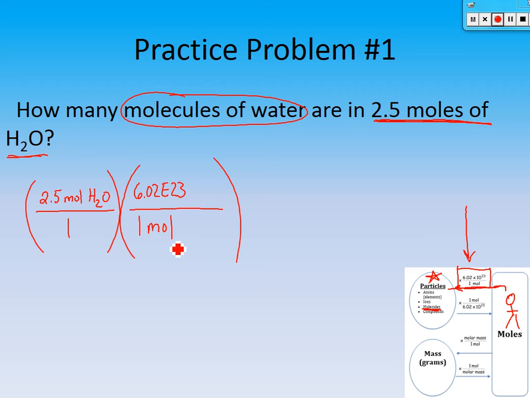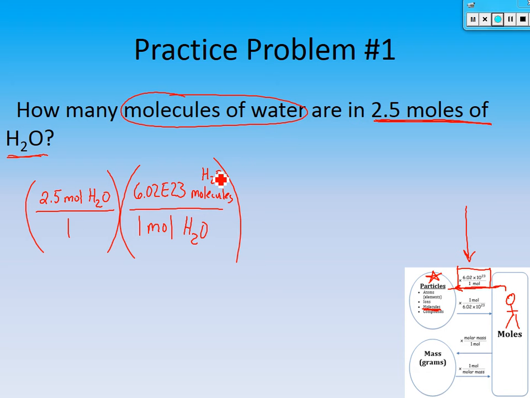Now, I didn't tell you in the roadmap what the substance was, because the problem could change every time. This problem is about water. So if moles of water is up top, we know that down here you've got to have moles of water. In 1 mole of water, there's Avogadro's number of molecules of water. So let's put that. Molecules of H2O. Okay?